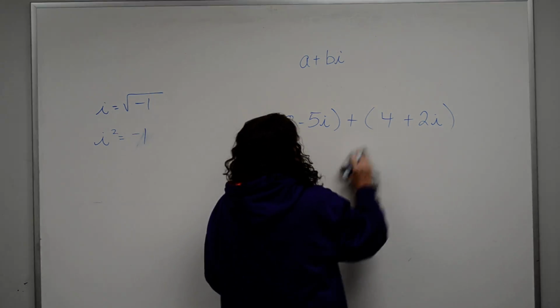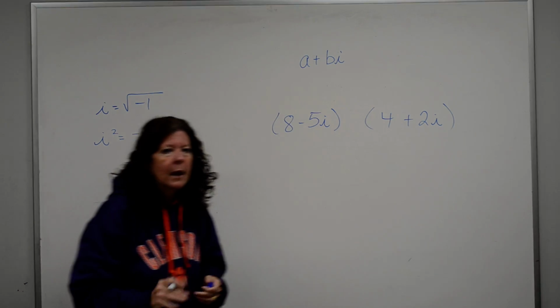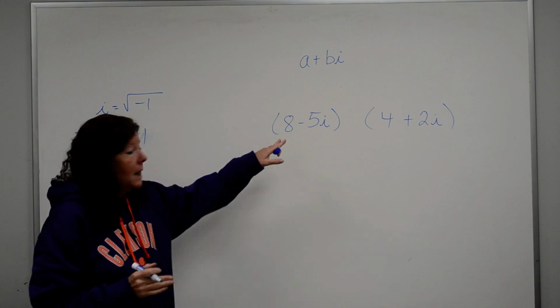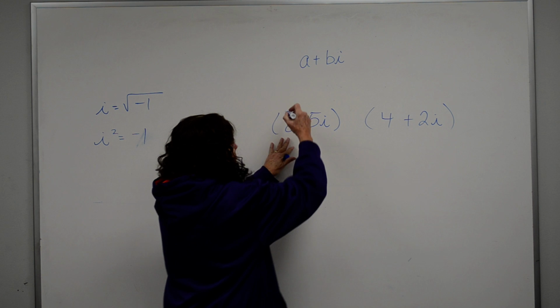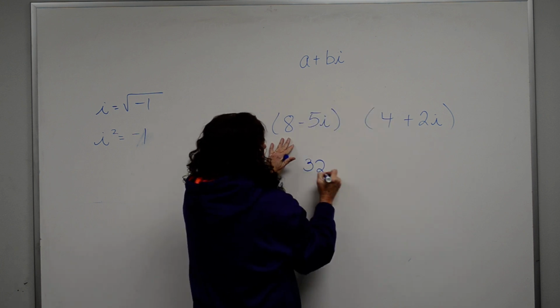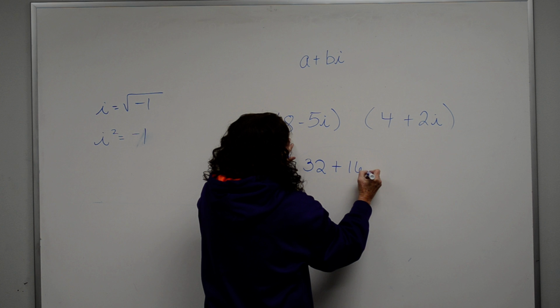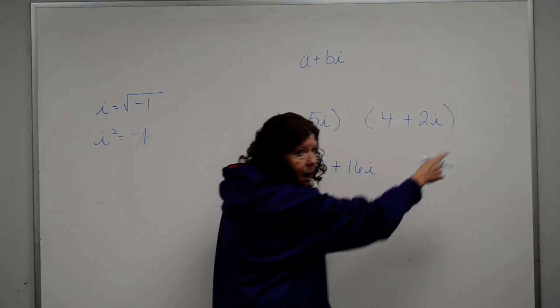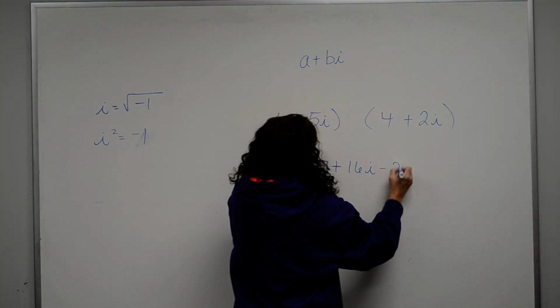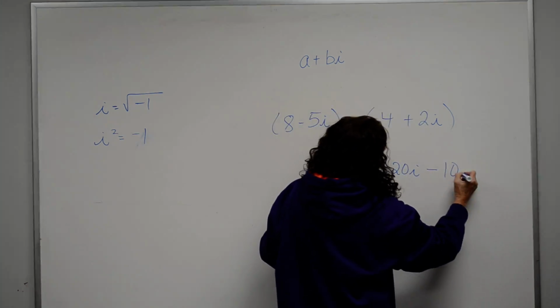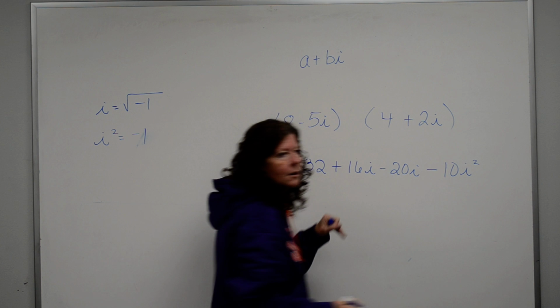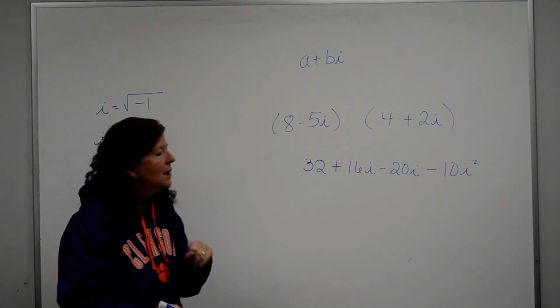Same thing, let's say I have multiplication between that rather than addition. I'm going to have to do FOIL on it. Okay, and at first I treat it just like any other variable. So I have 32 plus 16i, because 8 times 2i is 16i, minus 20i, and then last is going to give me negative 10i, but don't miss that, squared. That's going to change things a little bit.